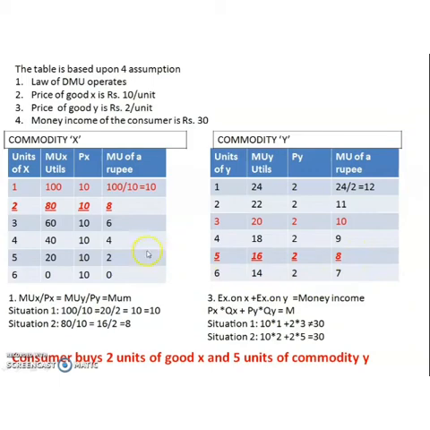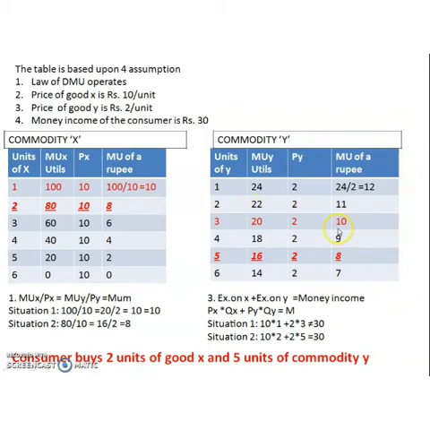So here we have two situations in which ME of x is equal to ME of y. When the consumer buys 1 unit of commodity x and the third unit of commodity y, he will get the same amount of satisfaction, that is 10 is equal to 10.